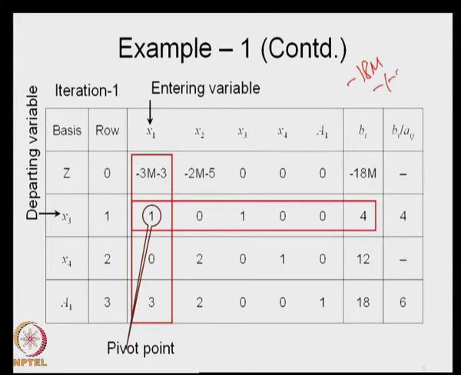minus this number, minus 3 m minus 3, into 4, divided by the pivot element. Pivot element is 1. So, this becomes minus 18 m, this will be plus 12 m here. Let me rewrite that. I am showing the transformation.